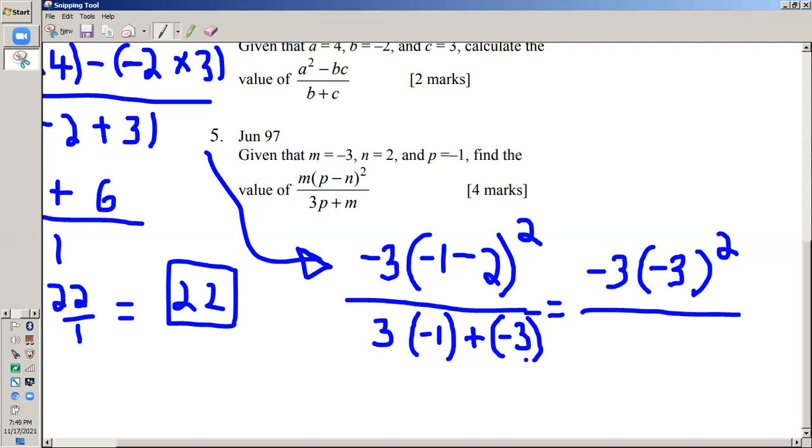If you think you can continue to work out the bottom piece from here. 3 plus 3? No, you have to work out the bracket first.